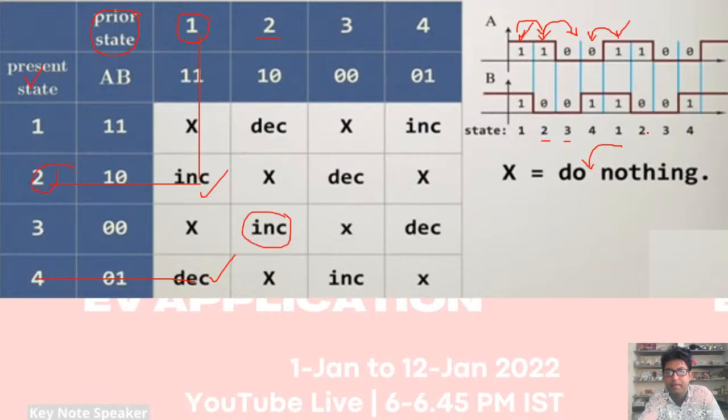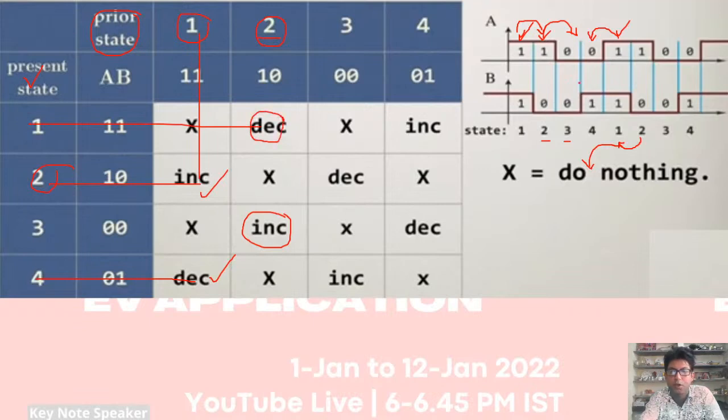And if my past state is 2 and present state is 1, then it should decrement. So you see, my past state is 2 and present state is 1, I am decrementing.